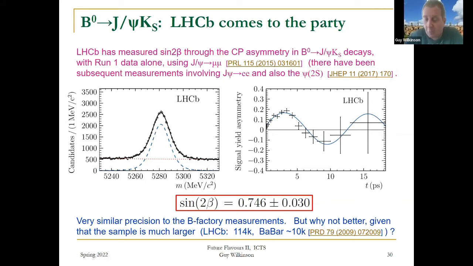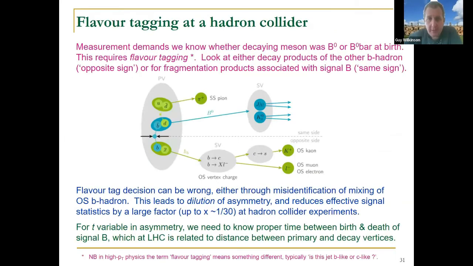So why are the uncertainties rather similar? This is a very important experimental point, which I urge you to understand. The answer comes from flavor tagging. To form the asymmetry, we need to know whether the decaying meson was born as a B0 or a B0 bar. So to do that, we flavor tag.